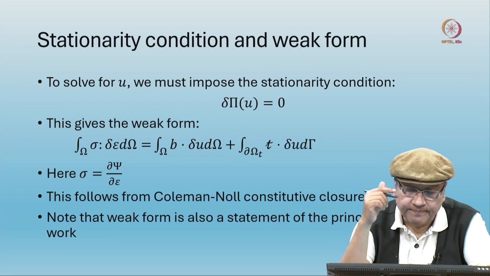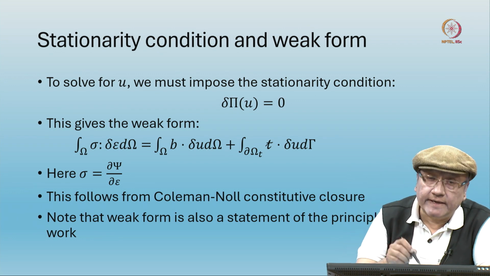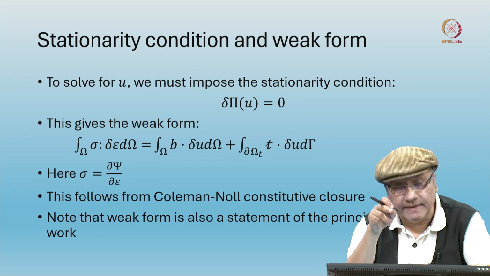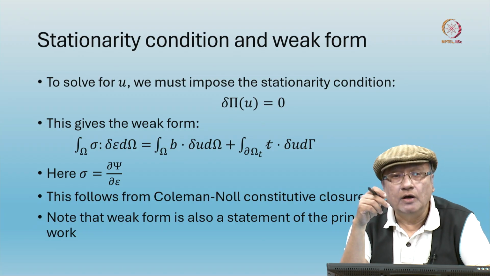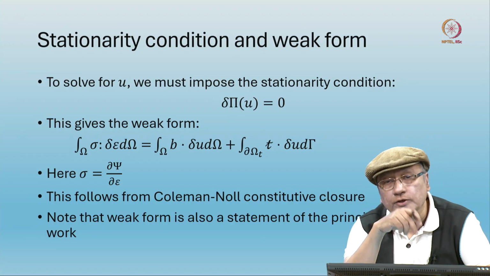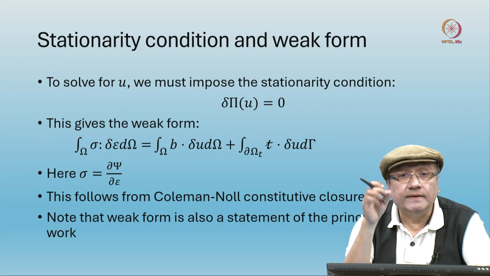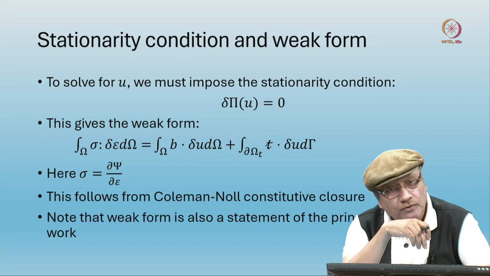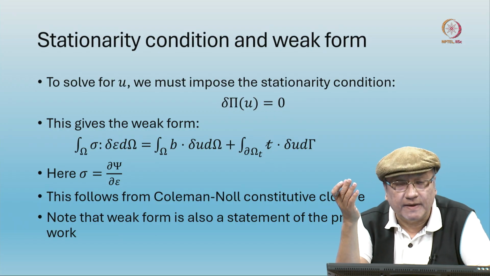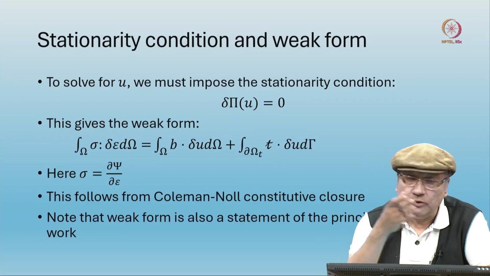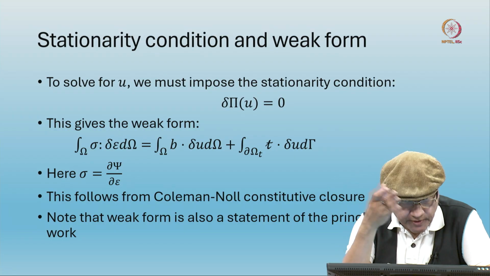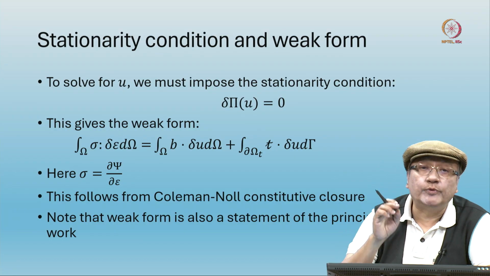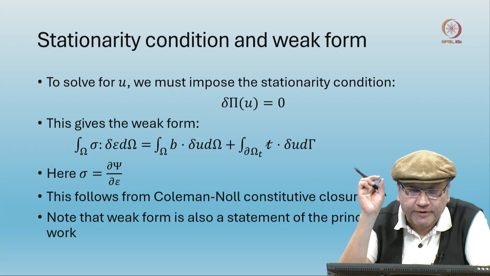We take a variation of pi by taking a variation of the function u about the function which actually minimizes pi. We do not know that function which minimizes pi, but if u is that function which we have to find, then we need to probe the neighborhood of u.